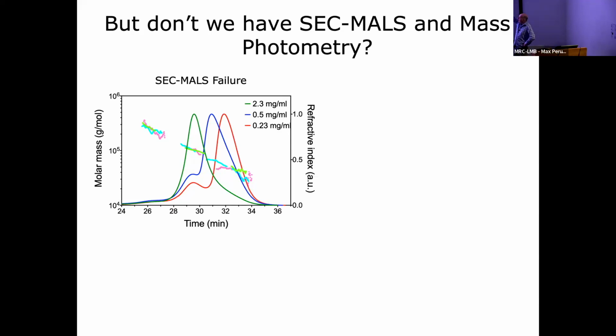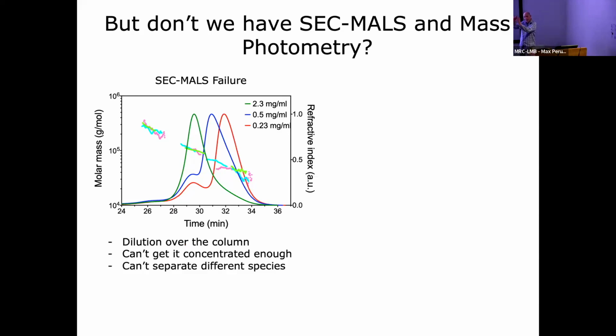It means you can't get a good handle on the exact mass because it's changing across that peak. That's because you get dilution down the column, sometimes up to one to ten. And sometimes you can't get samples concentrated enough. Certainly in this case, they thought everything was an octamer, and they couldn't get the concentration up. It can also be quite difficult to separate the different species, because you're relying on size exclusion separation, which may not work.